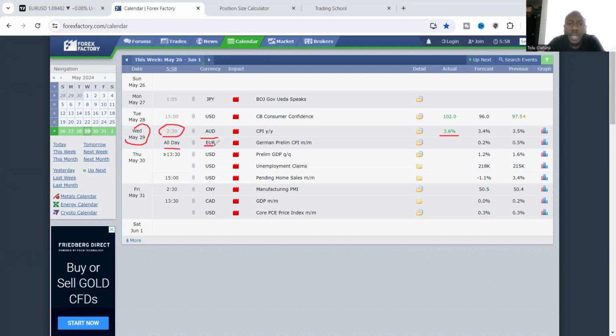And then all day we have the euros, the German prelim CPI. So expect some volatility for the euro pairs. So we don't have anything for the dollar for today, right? So that's why I didn't really come to this section, but it's always key to check on the news, to check on the high impact news, whether you are a scalper, intraday, swing or position trader, very key, very important.